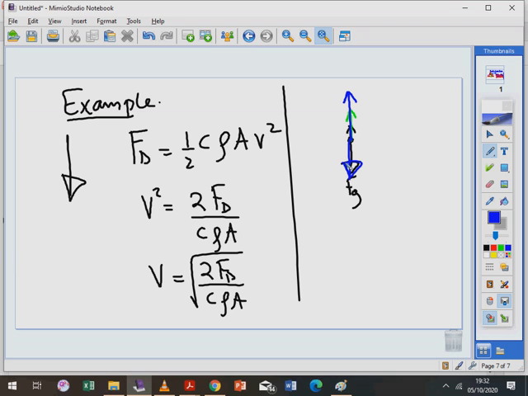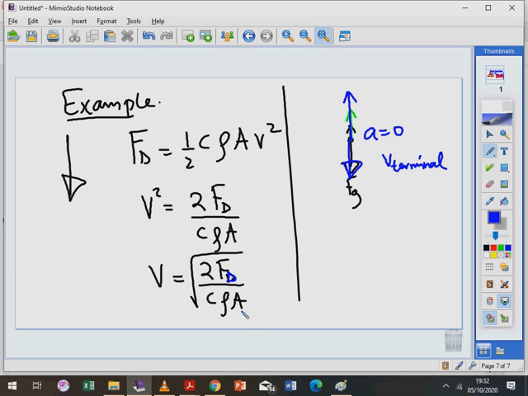When it matches the force of gravity, Shuad will stop accelerating. His acceleration will be 0. That means he will be moving at a constant velocity, which is what we call the terminal velocity. So this is an expression we can use to find terminal velocity.